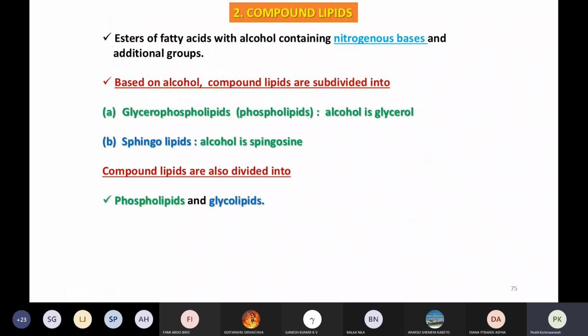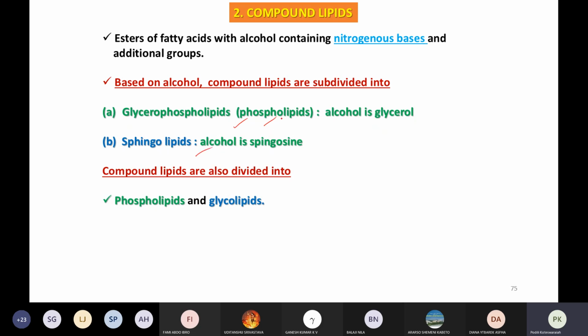Now coming to the compound lipids. These compound lipids are the esters of fatty acids with alcohol containing nitrogenous bases and also additional groups. These compound lipids are further classified into glycerophospholipids or simply phospholipids, and also the sphingolipids.